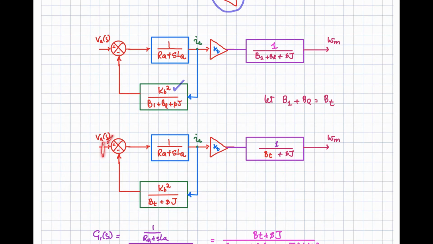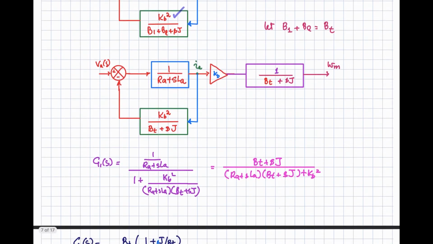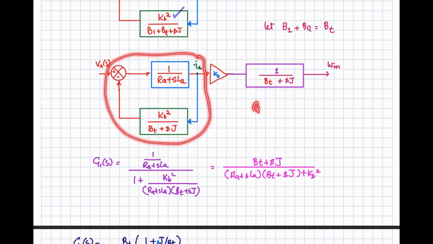So from here you have the translation from voltage to the current, and then current is related with the speed with the help of this transfer function. So now we have the feedback loop. Here you can see. So we can solve this and we can represent it with the simple transfer function. So G over 1 plus GH will be the closed loop transfer function.